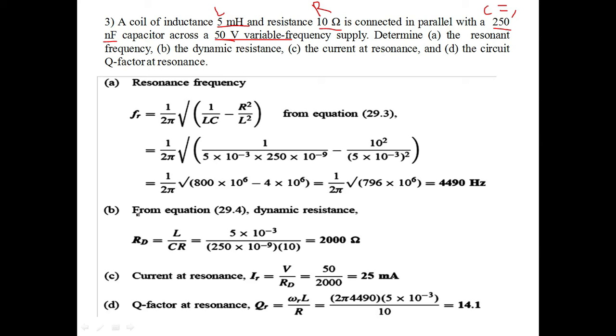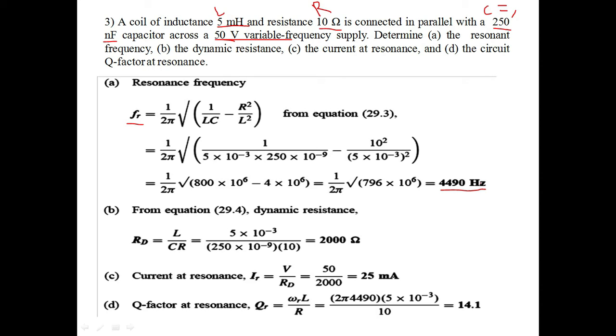Therefore 800 minus 4 means 796 into 10 raised to 6, which is equal to 4490 hertz.